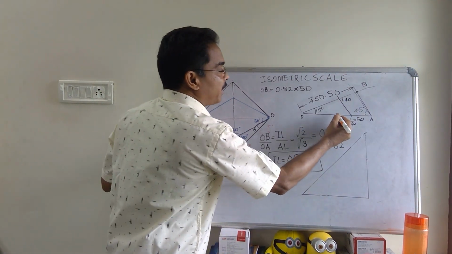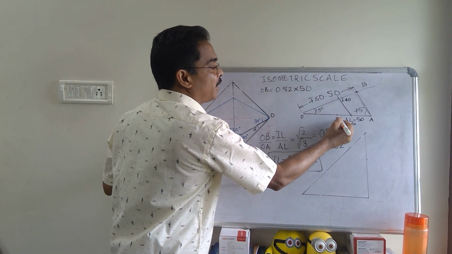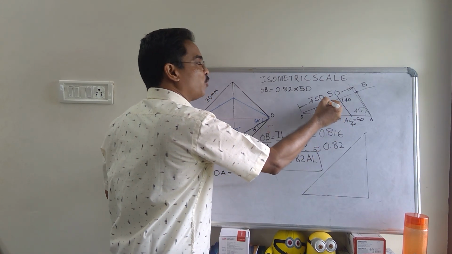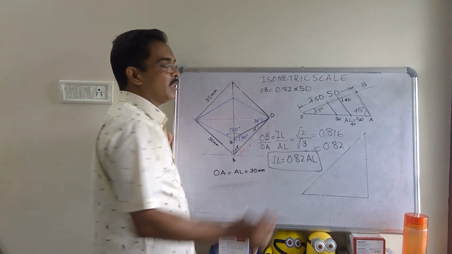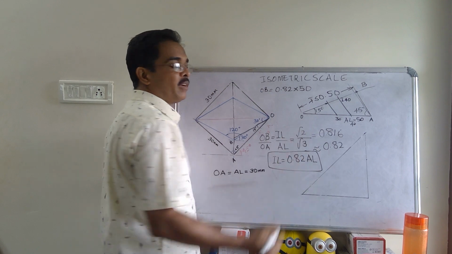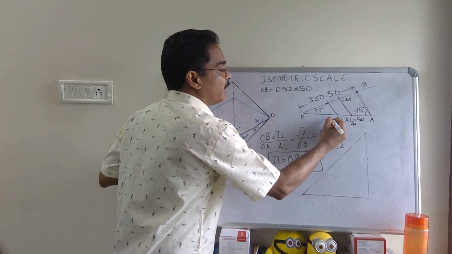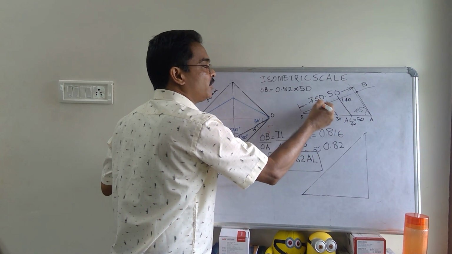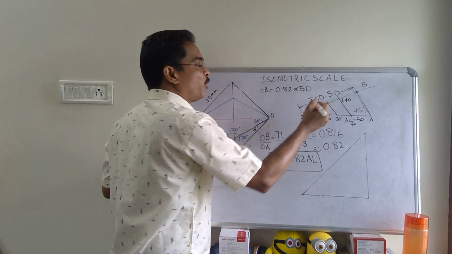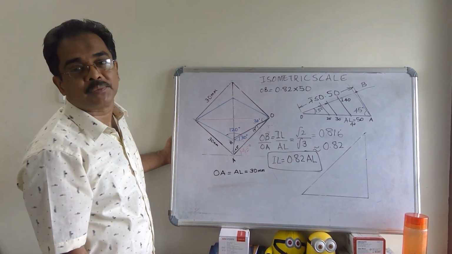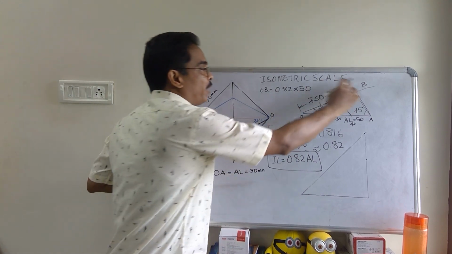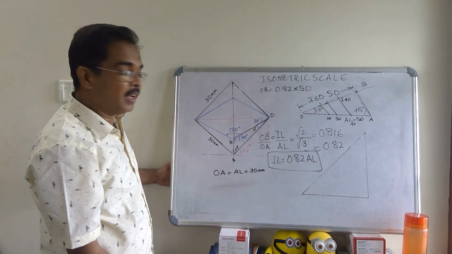If you mark 30, this is 30 mm actual length, and this will be the corresponding isometric length. Suppose 25 mm, this is 25. How do you find out? Draw a line parallel to this, and we can find out this is the corresponding ISO 25. Okay. This is one way of drawing the isometric scale.